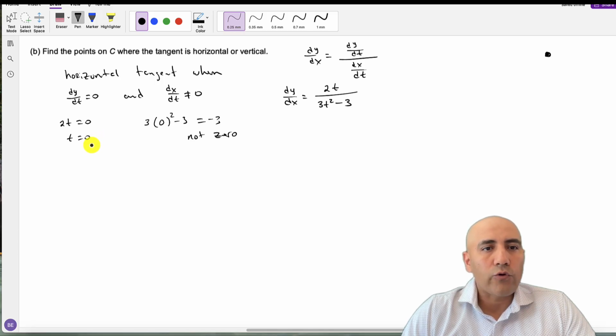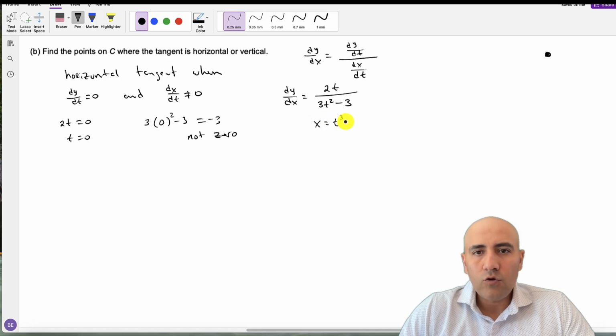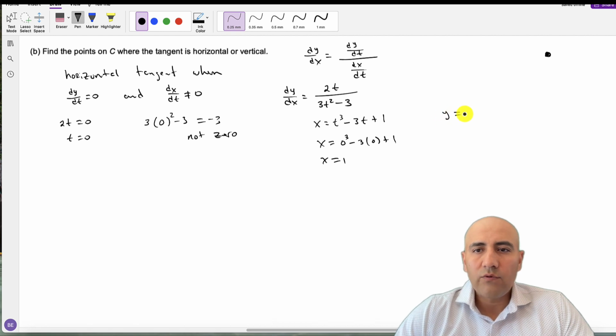So let's see what kind of ordered pair that results in. So our two equations were x equals t cubed minus 3t plus 1. So this gives us x equals 0 cubed minus 3 times 0 plus 1, or just x equals 1. And likewise, y was equal to t squared minus 1.